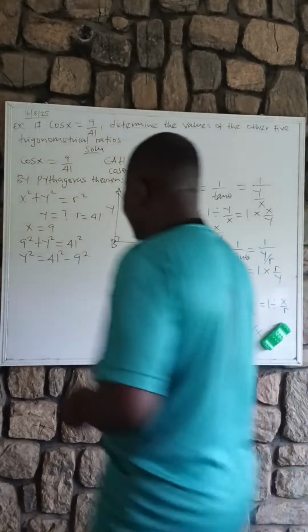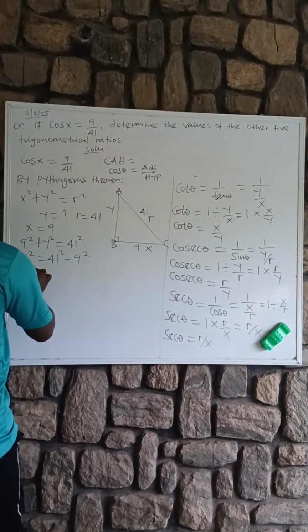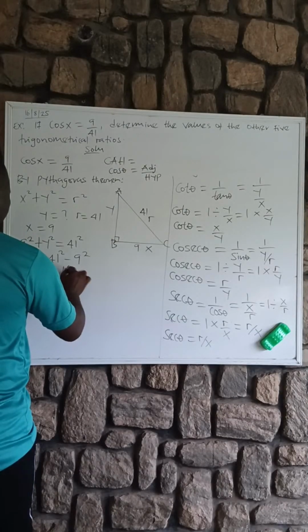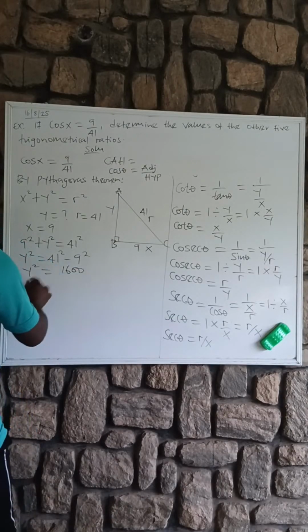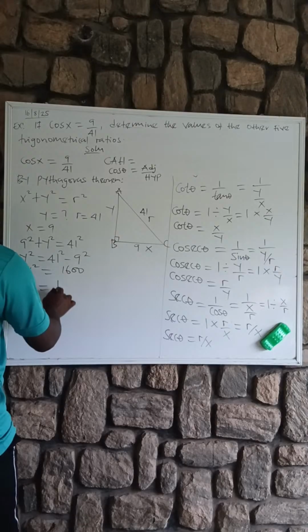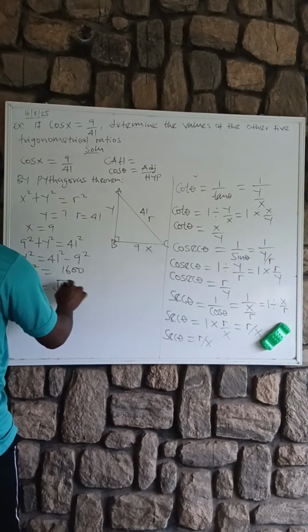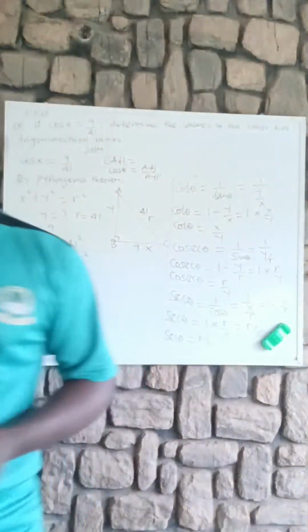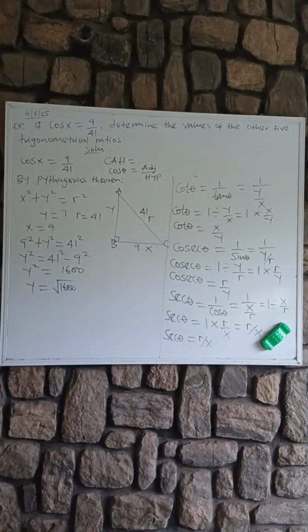So it means here y squared equals 1,600, right? So we take the square root. What is the square root of 1,600? Take the square root and tell us.